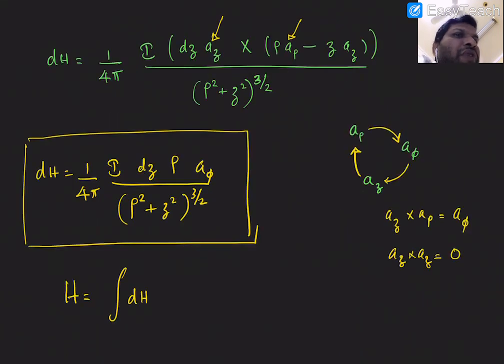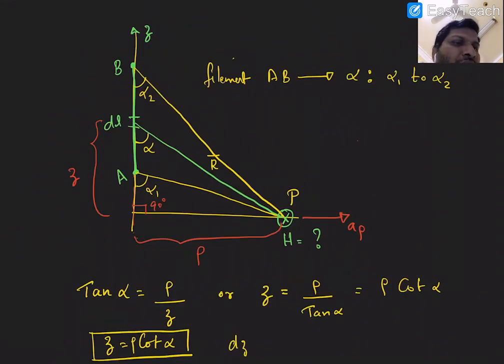I have the previous equation which contains dz. So what is dz? dz is the derivative of cot alpha, that means rho into minus cosec square alpha d alpha. So this is my dz.